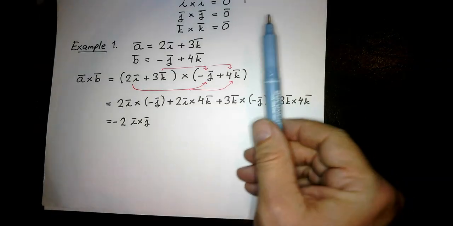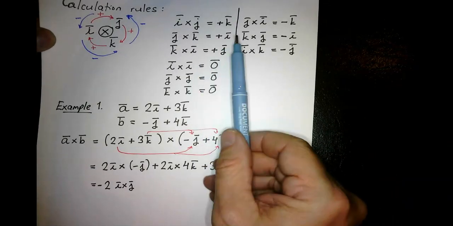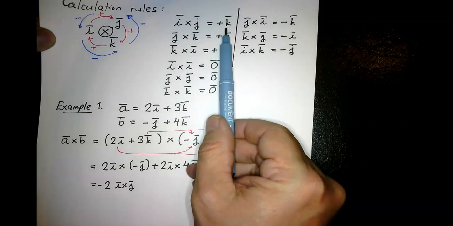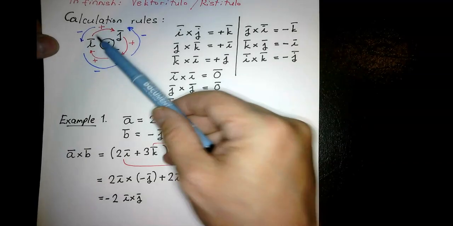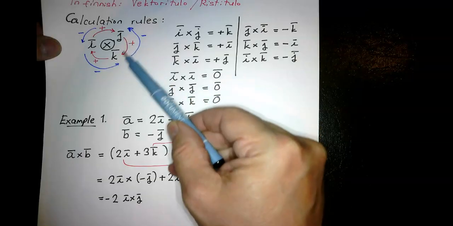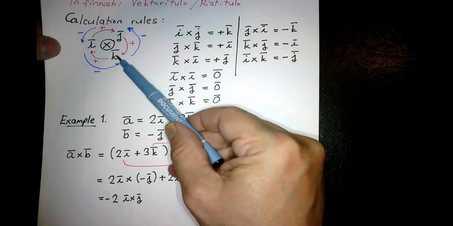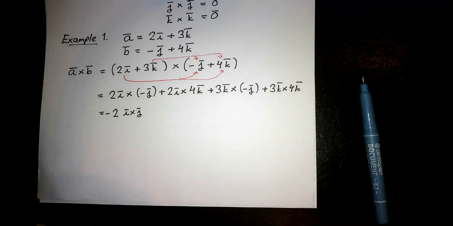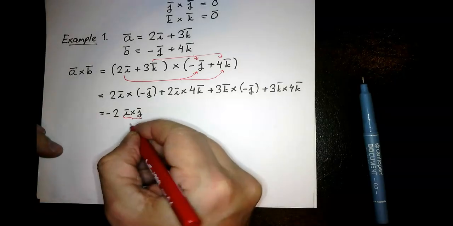And we can see from that table here, i cross j is exactly the same as k. Or from this figure, i, j, and we are going to positive direction, we will get result k. So this here will be k.